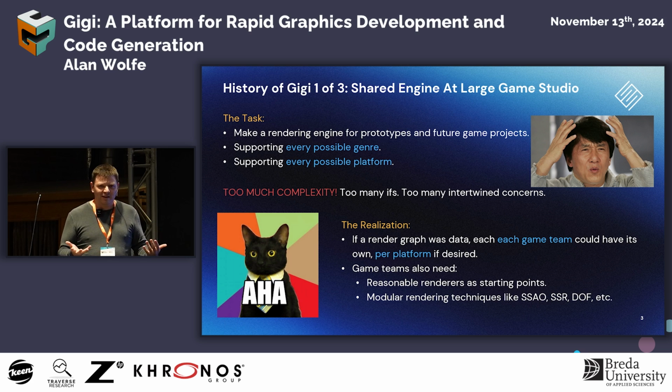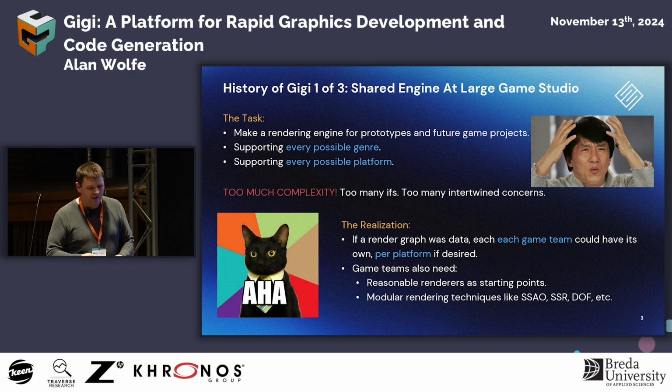However, you can't just make an engine that has the capability to have a renderer and then give that to a game team. They actually want a working renderer. And so two tack-on tasks for this were, one, make a small number of reasonable renderers to start from, so that a game team could load up a deferred renderer, forward or tiled, as is appropriate, and just start moving forward and then customize it as needed later on.